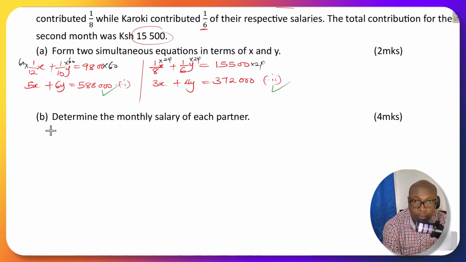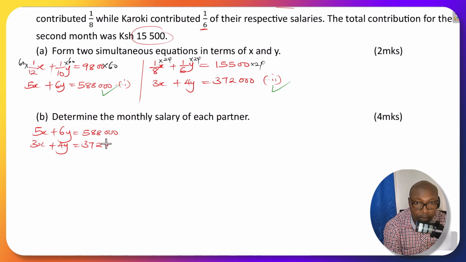The first one here, we have 5x plus 6y is equals to 588,000, and then we have the other one, which is 3x plus 4y is equals to 372,000. So use any suitable method. I'll use elimination. So I will eliminate x.